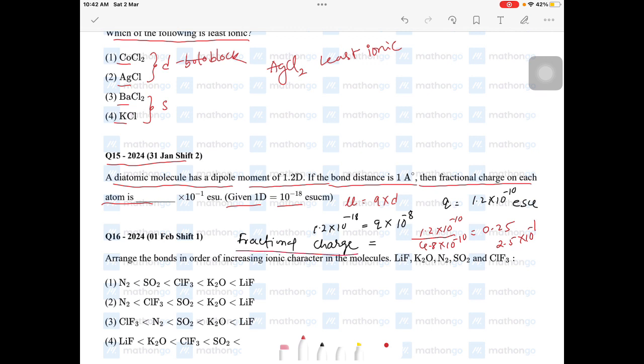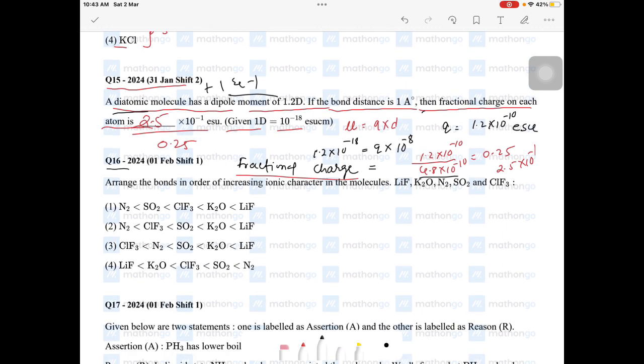That's the fractional charge, 2.5 into 10 to the power of minus 1 or 0.25. Why are we taking 4.8? For a diatomic molecule, plus 1 and minus 1, that's why we take this.